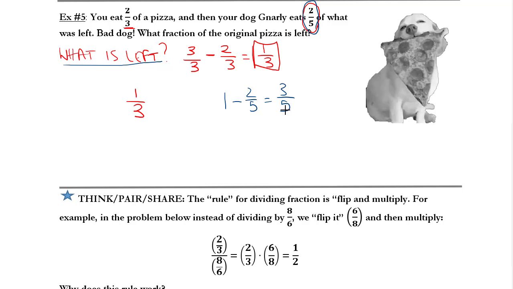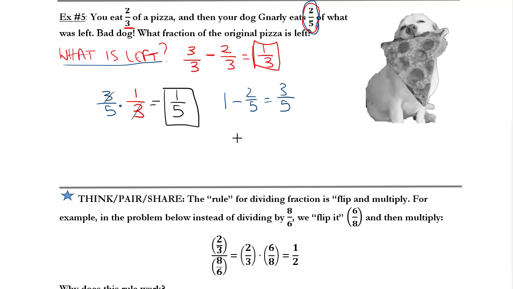So 3/5 of the 1/3 that you left him is left. So altogether, what is left is 3/5 times 1/3, and I can cancel out my 3s, or I could multiply and divide, otherwise known as 1/5. So the answer to this question is 1/5 of the pizza is left.